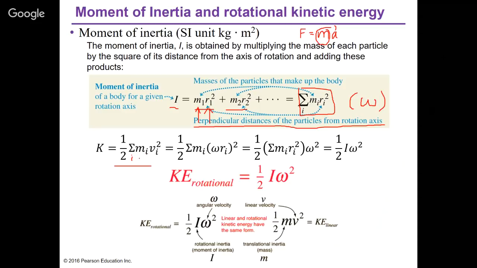So this is half m_i v_i squared, the kinetic energy of one of the particles. And because we want to relate the linear velocity with the angular velocity, that will be omega times R_i, the distance from that particle to the axis.